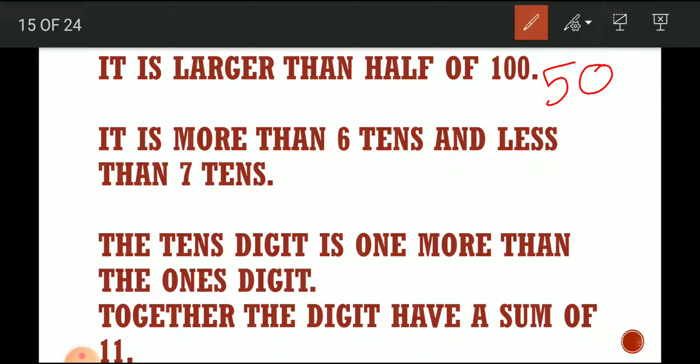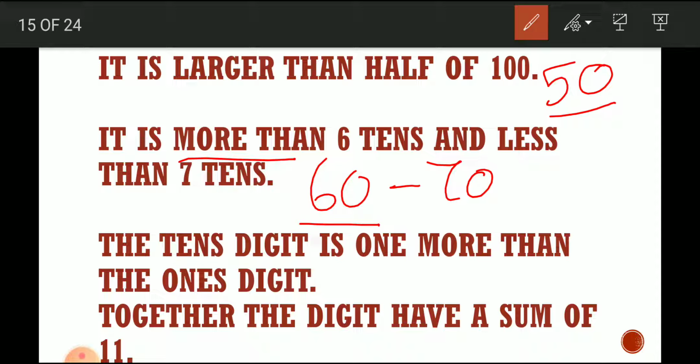Larger than half of 100, so more than 50, then it is more than 6 tens and less than 7 tens. What does 6 tens mean? 60. And 7 tens is 70. So definitely the answer will be between 60 and 70.